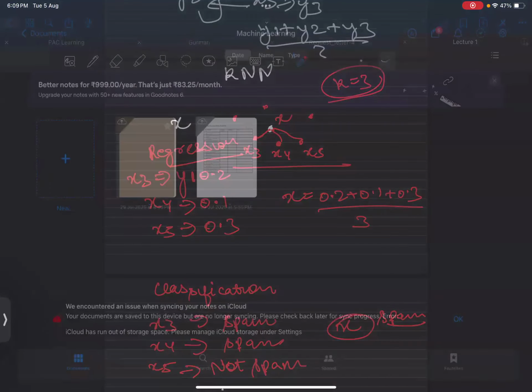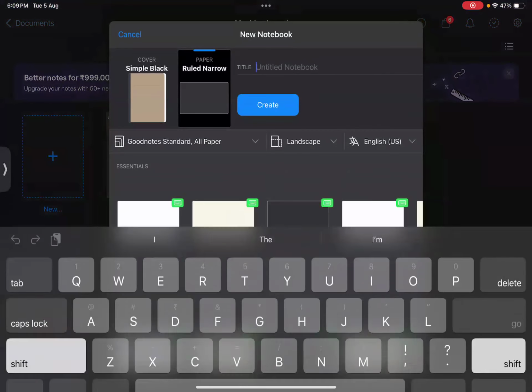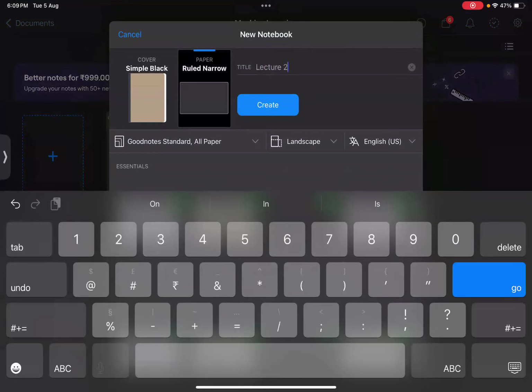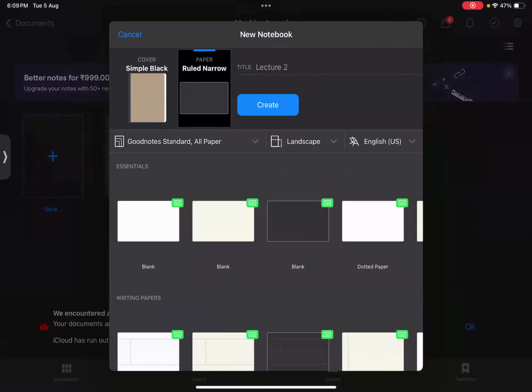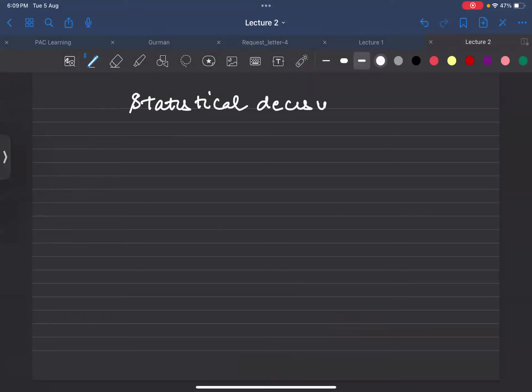Let's try to understand statistical decision theory in detail.